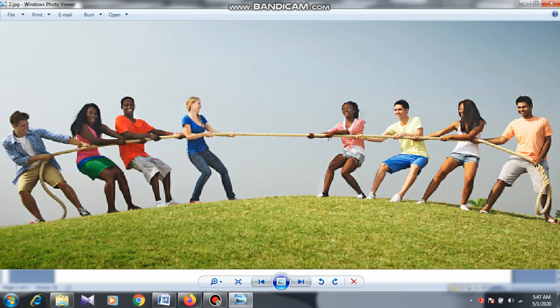If the rope doesn't go to any side, stays right in the middle, it is balanced force. If the rope is pulled more to the right side or more to the left side, it is called unbalanced force. So who can bring a change? Only an unbalanced force can bring a change, right?